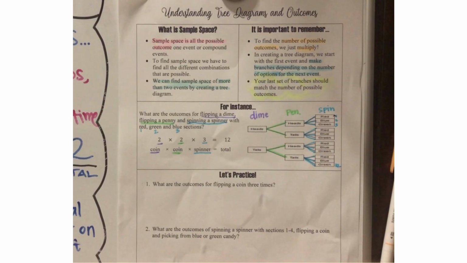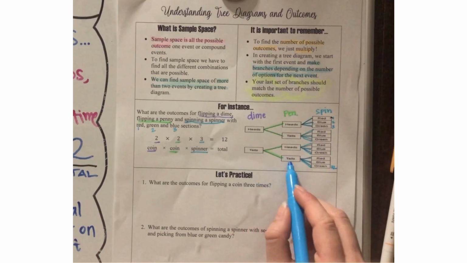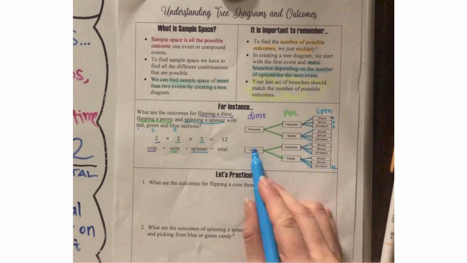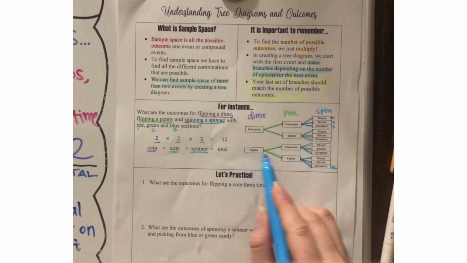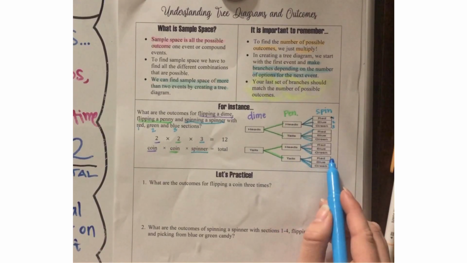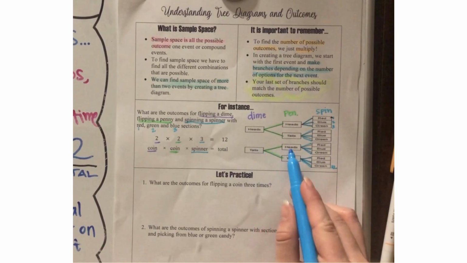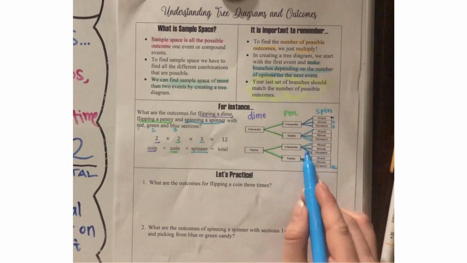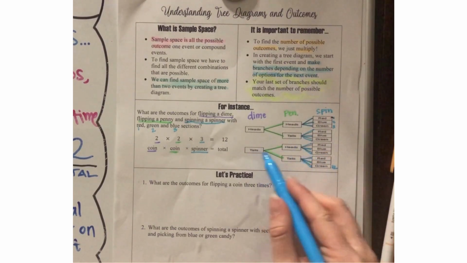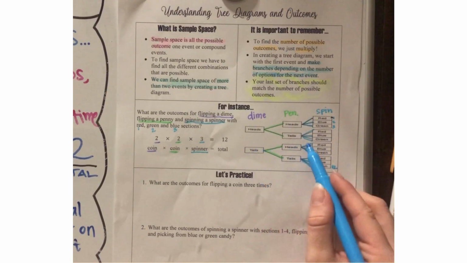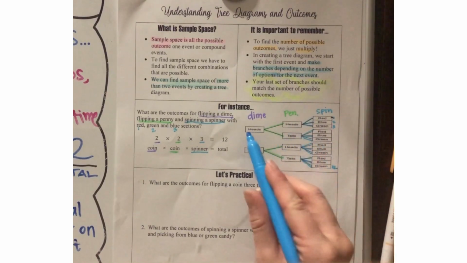Again, to see what they were, we could do tails, tails, green, tails, tails, blue, tails, tails, red, tails, heads, green, and so on. As long as you follow the branches, you will see all the different options we have.